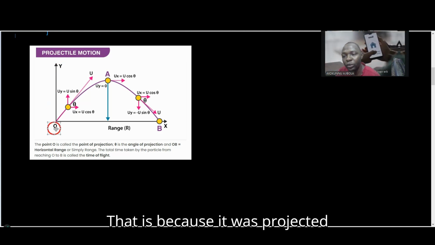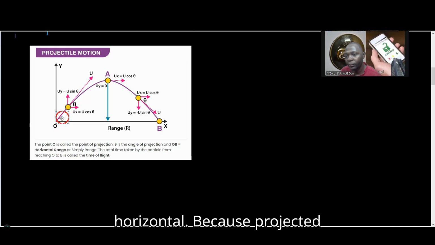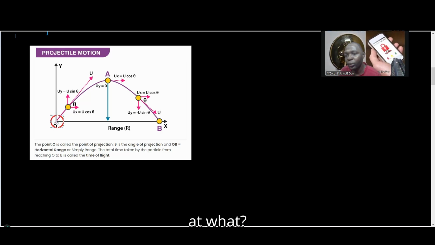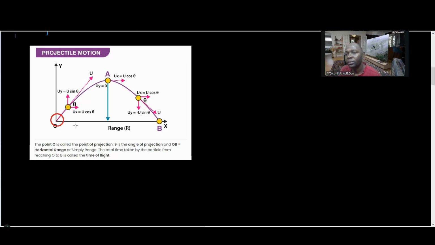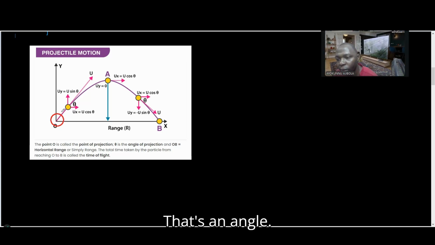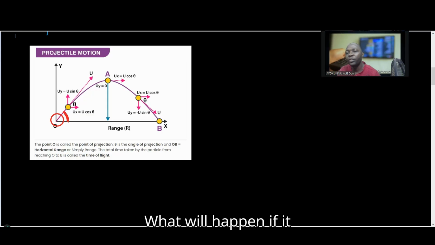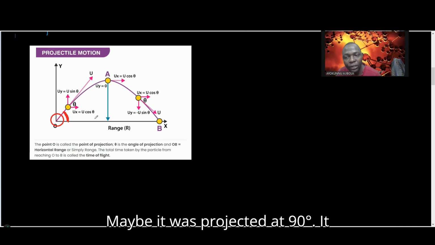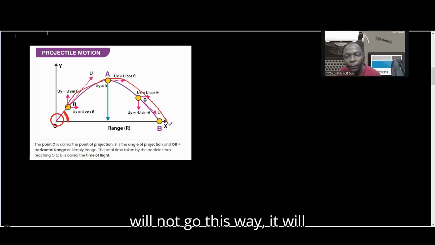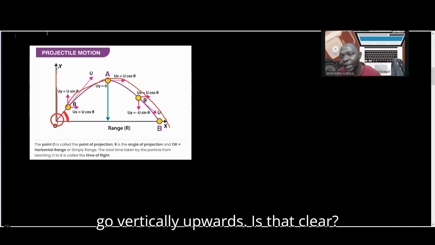That is because it was projected at an angle to the horizontal. What will happen if it was projected at 90 degrees? It will not go this way. It will go vertically upward. Is that clear?